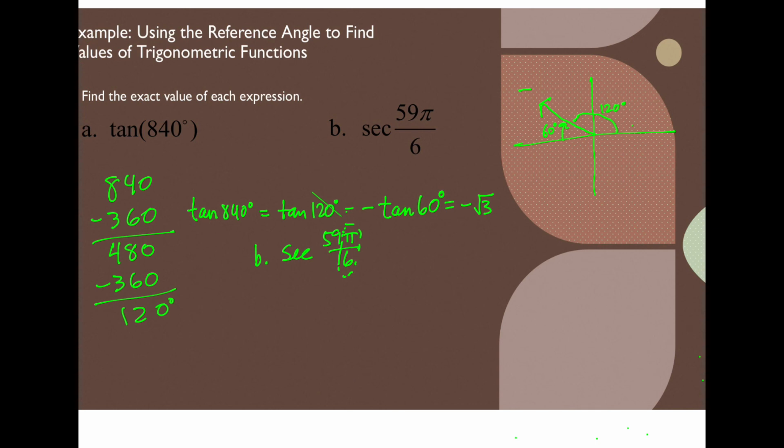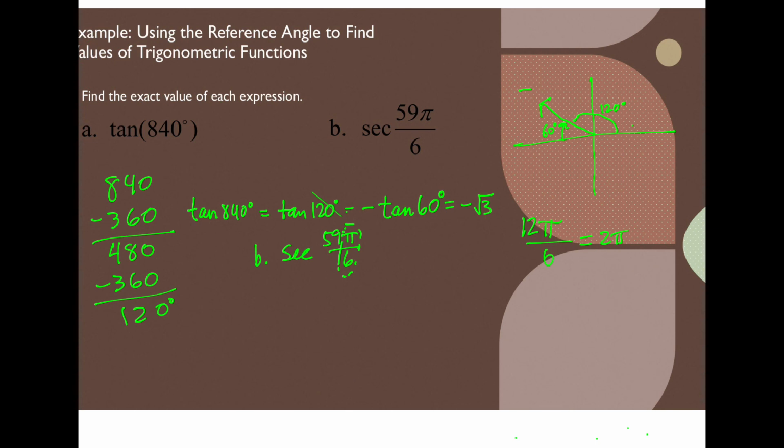So let's put it into what one rotation would be with 6 as a denominator. With 6 as a denominator, I want our division by 6 to give me 2. So 2 times 6 is 12. 12 pi divided by 6 is 2 pi. So 12 pi over 6 is the same as one rotation here.